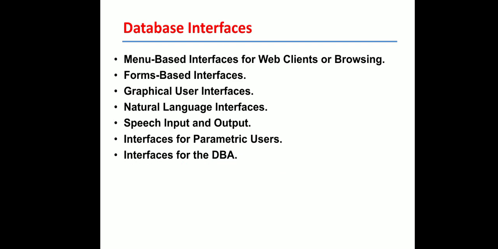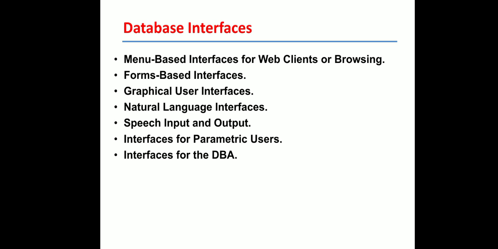Next are database interfaces. We have different types of database interfaces, which describe how and in which form the user interacts with the database. We have different interfaces. One is the menu based interface for web clients and browsers.